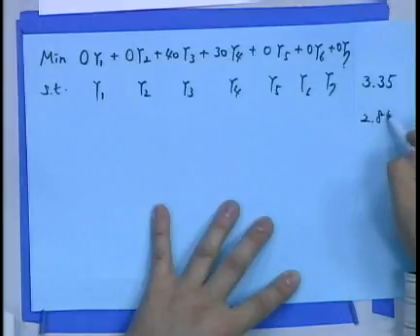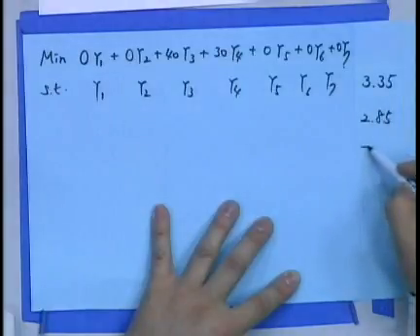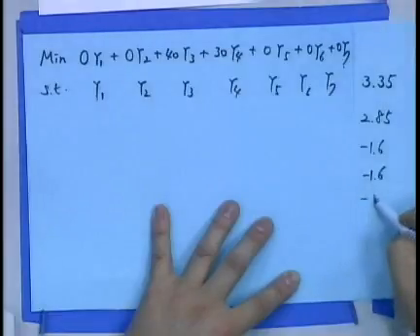Second would be 2.85. Third is negative 1.6, and so on, right?